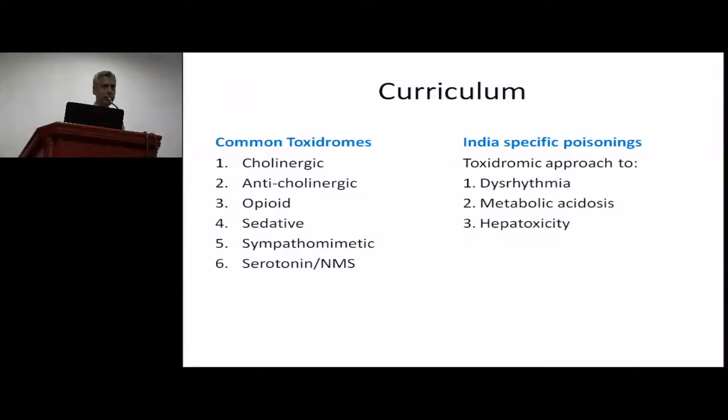So we thought we'd design the course around the common toxidromes that he mentioned, plus specific poisoning approaches required for India. For instance, the arrhythmias, and in his first session he was teaching us the approach to bradyarrhythmias and tachyarrhythmias with toxicology, the metabolic acidosis, hepatotoxicity, to cover various kinds of poisonings that we see in India.